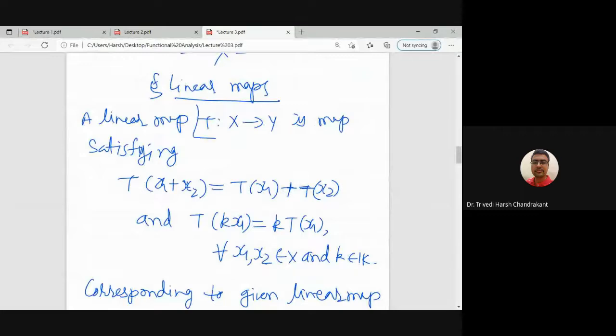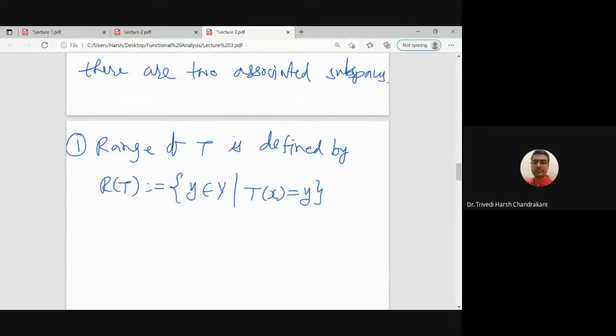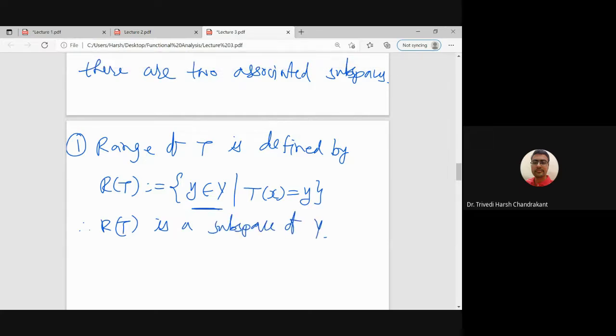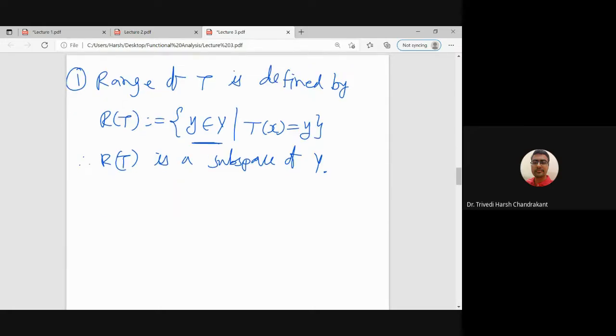T is a map from X to Y. Right, Y, correct. Because basically we are taking all the elements of Y. So the range of T is a subspace of Y. Is it clear that it is a subspace, or do I need to discuss that? No, sir, it's clear. Right, you just take two elements in the range and verify that it is closed under addition and scalar multiplication.